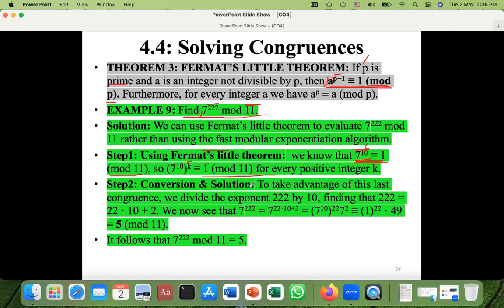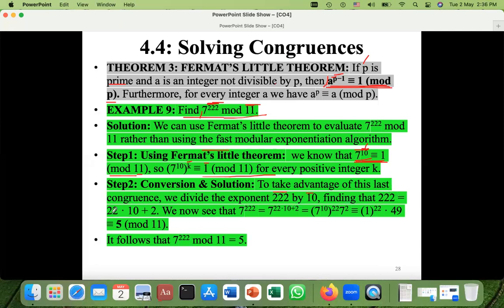After that, what we can do now, we have to convert it. We need some value above this 7 equal to this 222. So how can you do that? We can divide this 222 by 10. And how can you make it equal?